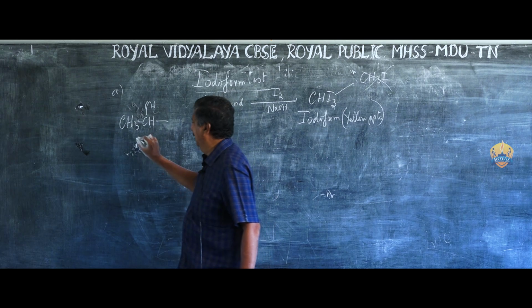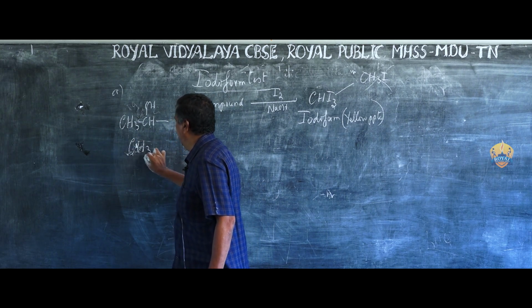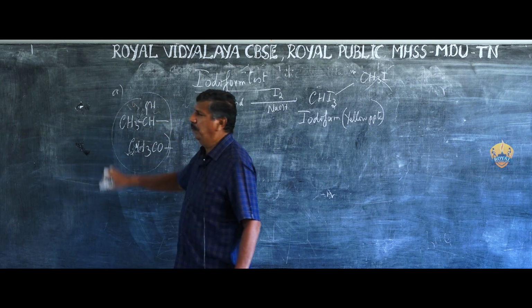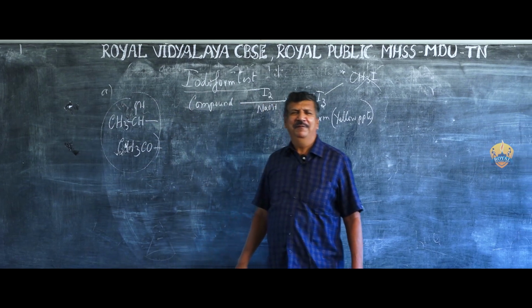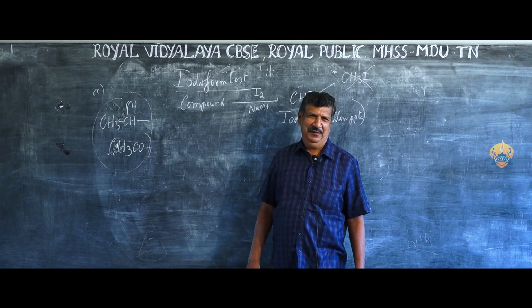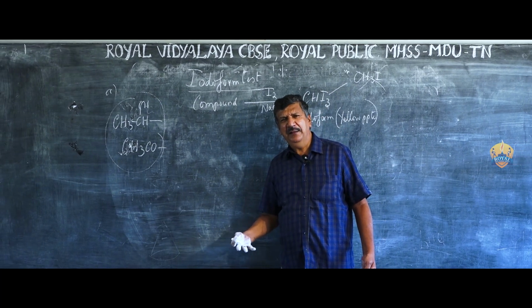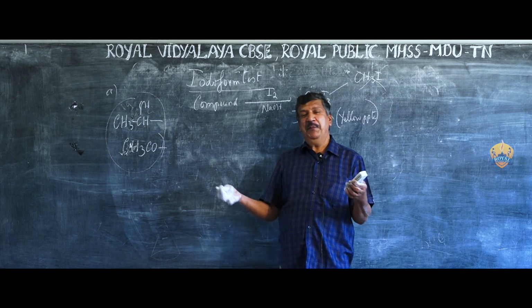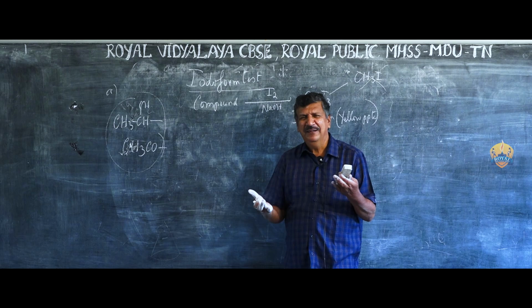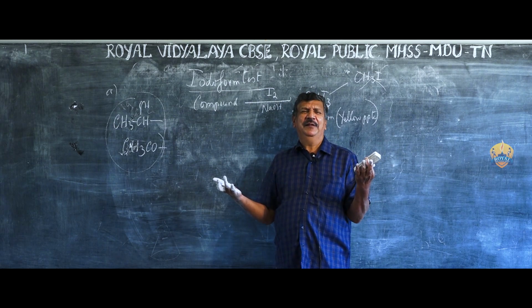Or aldehydes or ketones starting like this. These compounds are preferably ready to answer the iodoform test. Now I am writing the compounds. Maybe I may miss one or two, but the majority I will write.